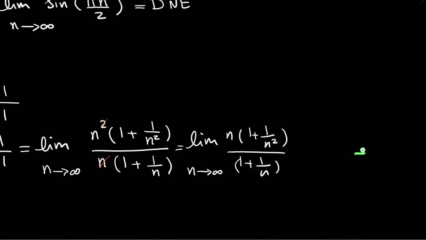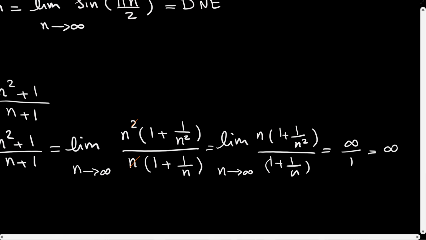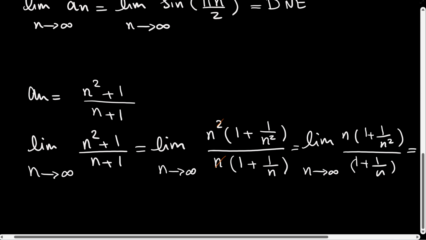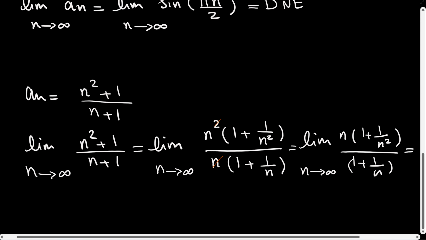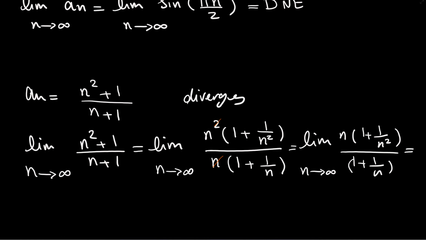Infinity divided by 1 is infinity. So the final answer is infinity. And this sequence diverges because the limit when n approaches infinity goes to infinity.